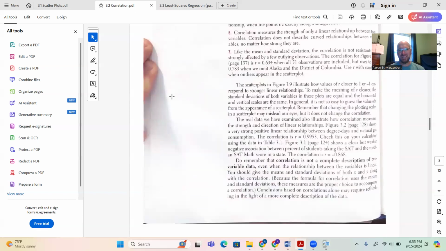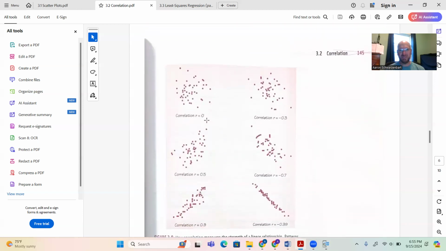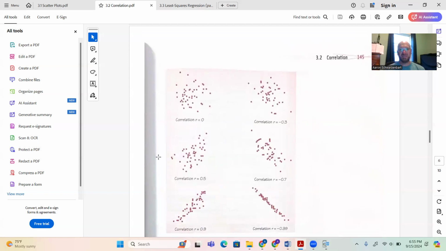Okay. The scatter plot in figure 3.9 shows a bunch of things. So here we've got some correlation. Correlation 0, no discernible pattern. Once in a while, you will get some correlation matching. Match it. Correlation negative 0.3 appears to be going downward, but it does not fit very well. Correlation 0.5 fits a little bit better than that 0.3 and is going upward.